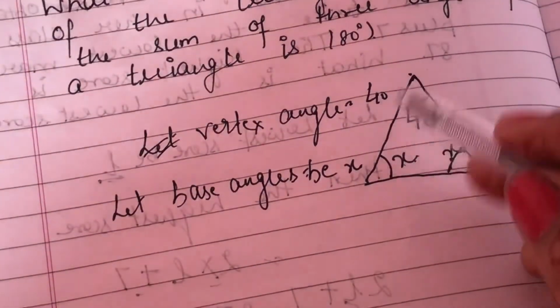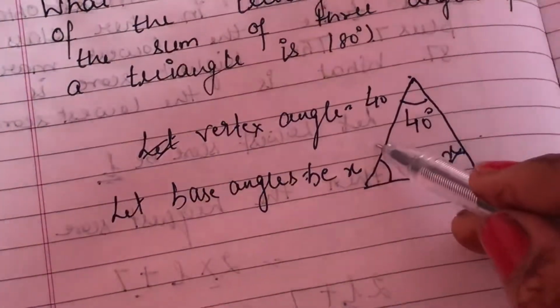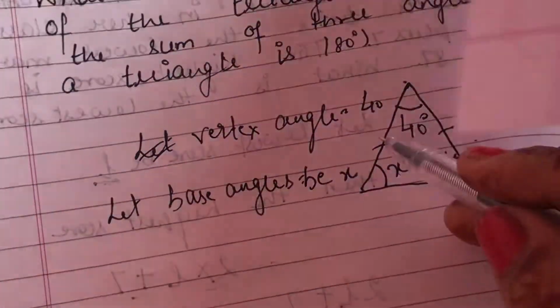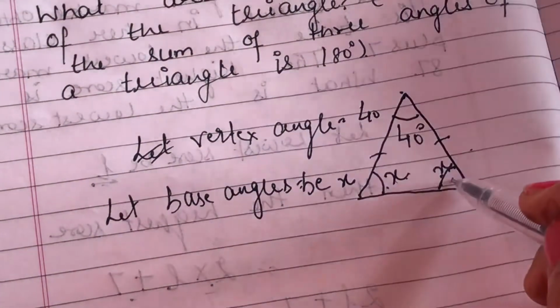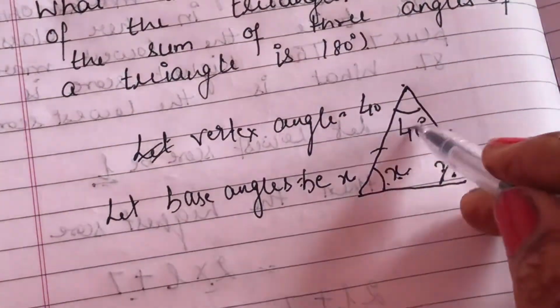Because in an isosceles triangle both the sides are equal, these sides are equal and their opposite angles are also equal. That means both these angles are also equal. So this is also x, this is also x, and this is 40 degrees.